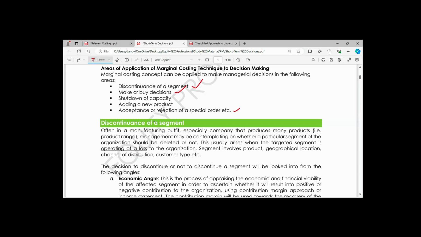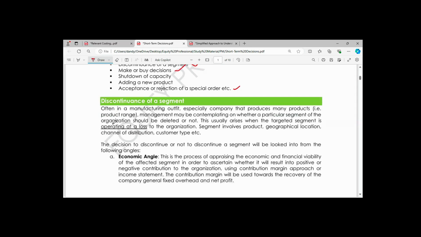What do you mean by deleting of a segment? What do you do when there's a decision to drop a particular segment? What should be your advice? And what are the qualitative factors you need to take into consideration? All of this is what we want to do. So let's discuss deleting of a segment in detail.